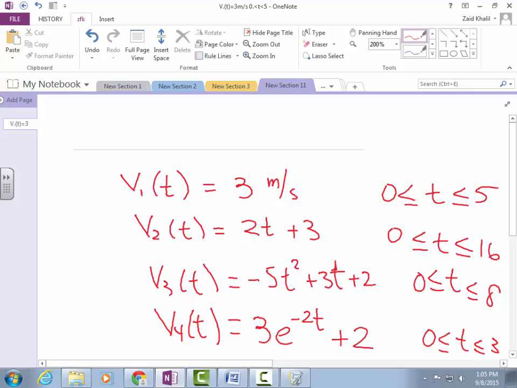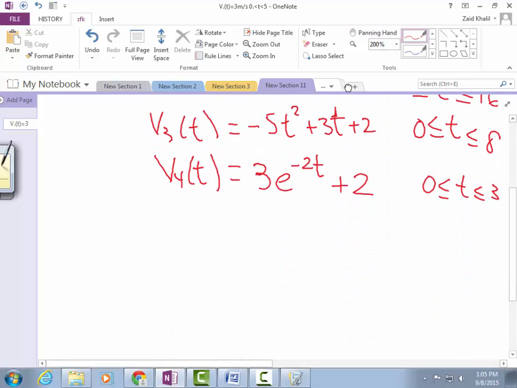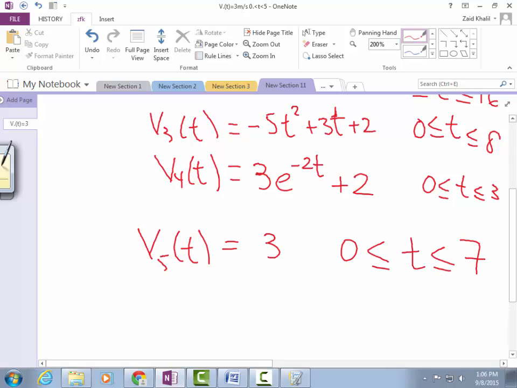In other words, what would be an example where an instantaneous velocity is not defined at a point? Well, it would look something like this. Say v5 of t equals 3 for t greater than 0 and less than 7, and it equals 5 for t greater than 7.